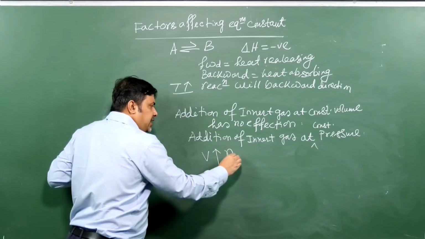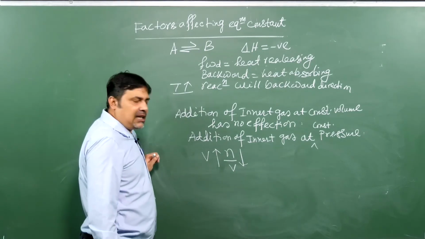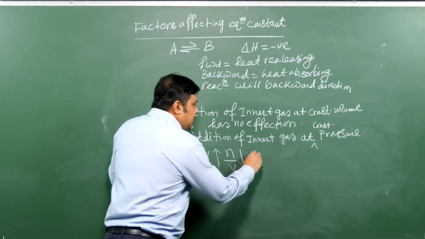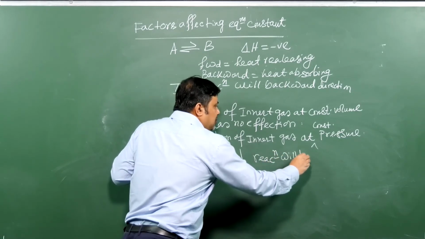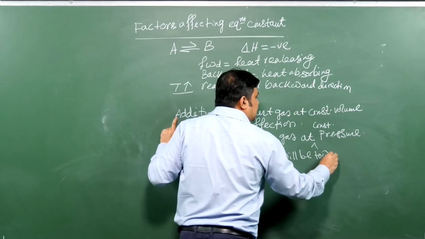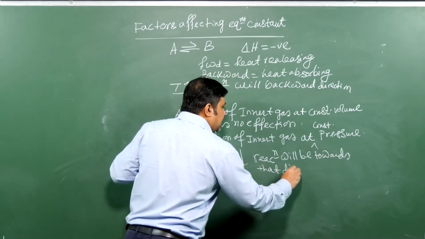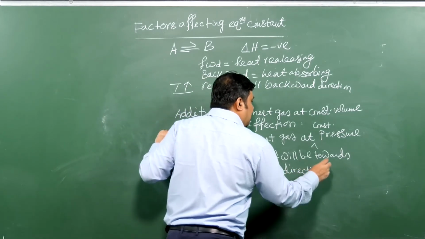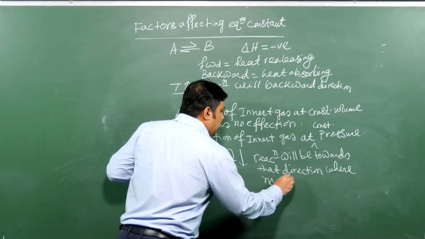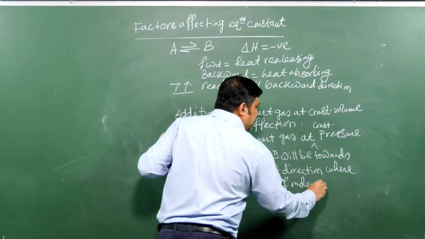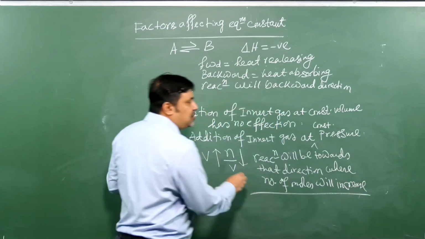As the volume increases, the number of moles per unit volume will decrease. As the number of moles per unit volume decreases, the reaction will proceed towards the direction where the number of moles will increase.